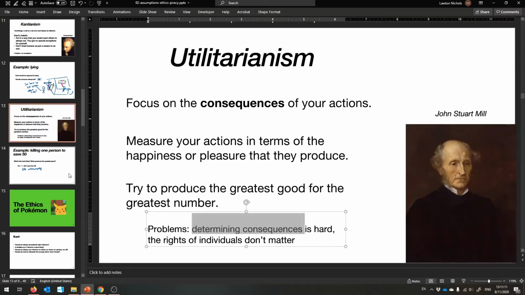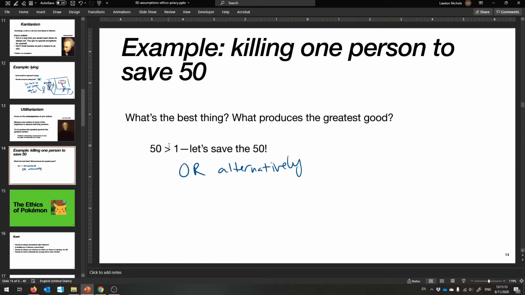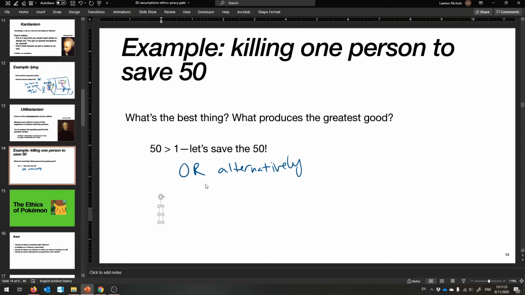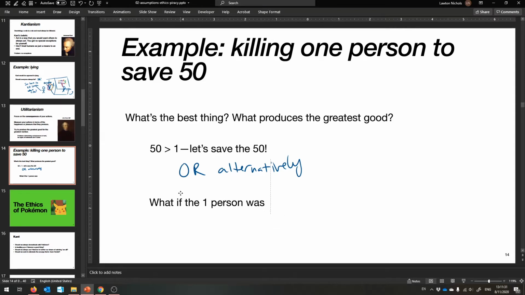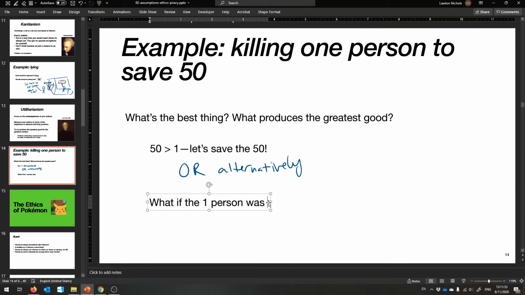That's one way of thinking about the consequences. All right, 50 people, it's just better, more people. Let's save those people. They'll be happier for the rest of their lives. Or alternatively, what if that one person was really important? I don't know. Was on the verge of curing cancer.